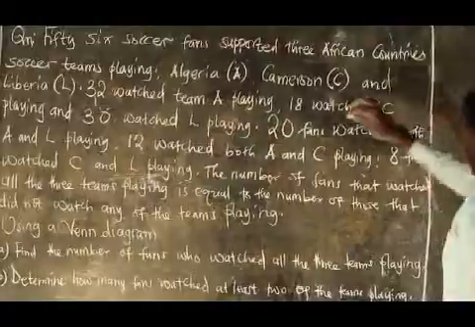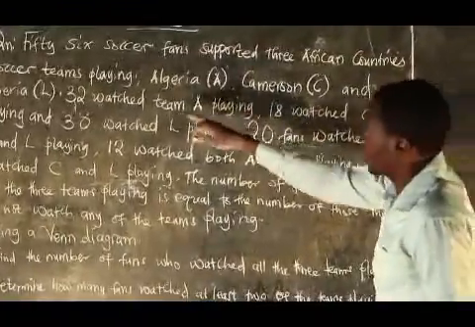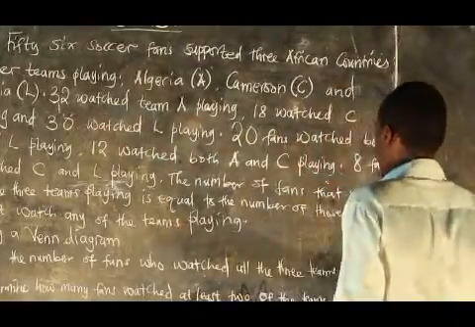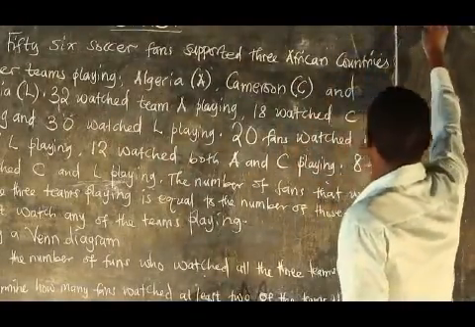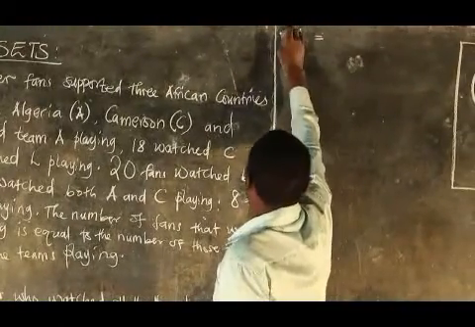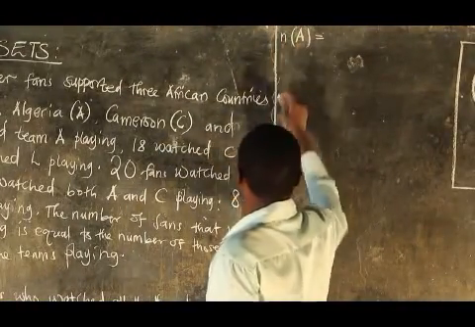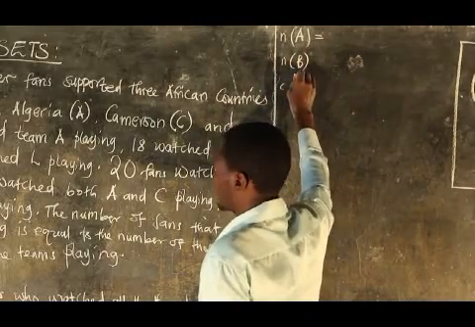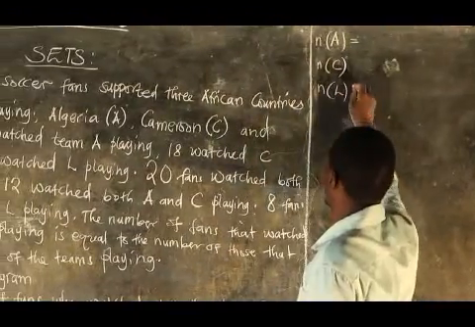So it means in our selecting of data, we are going to be noting every information we are going to be reading. So here we are having A, the number of C, the number of Liberia, which is L.